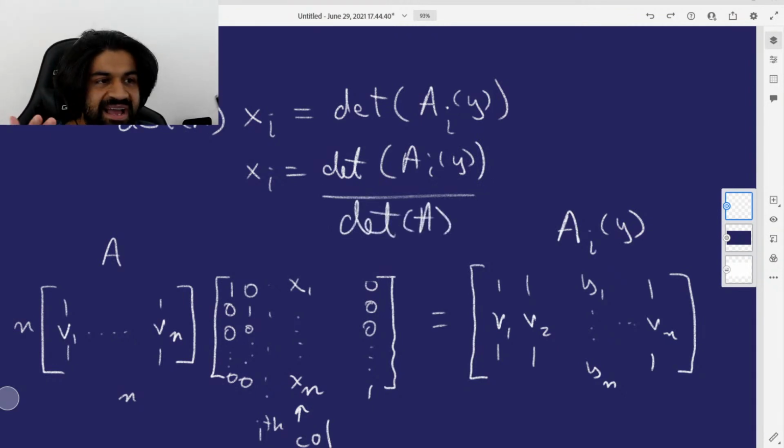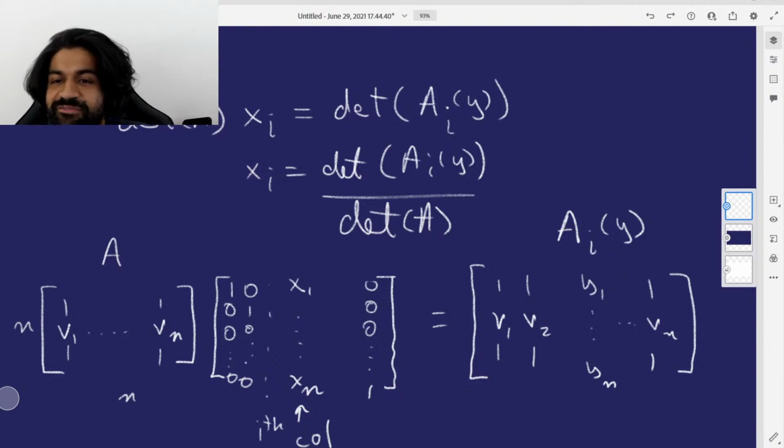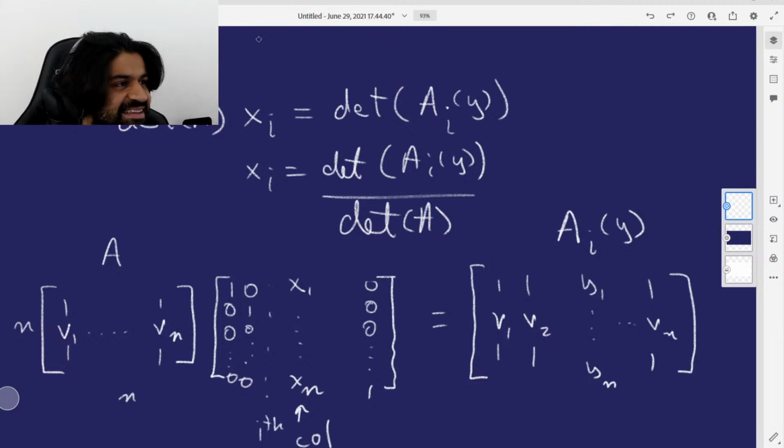So you get this direct, simple, clean formula for just the ith unknown. So this allows you to solve for the unknowns individually. Now, I want to say that there's another advantage of this formula, because you can see how the formula for the unknowns changes as you change parts of A and y.